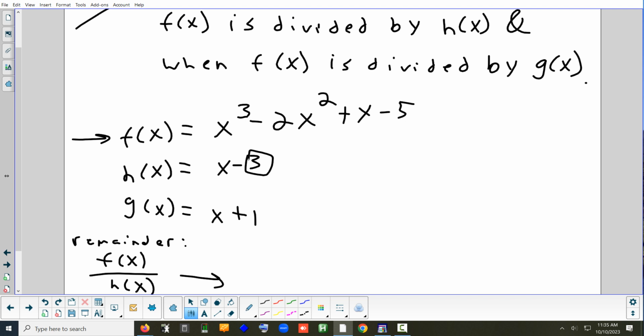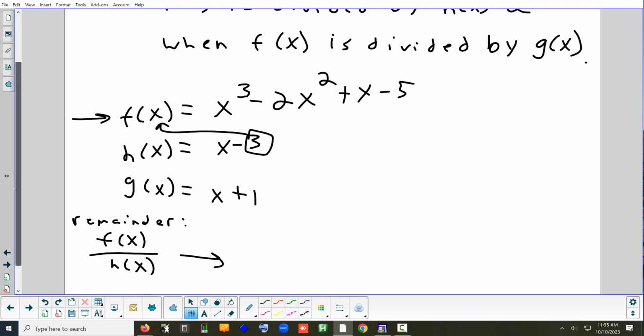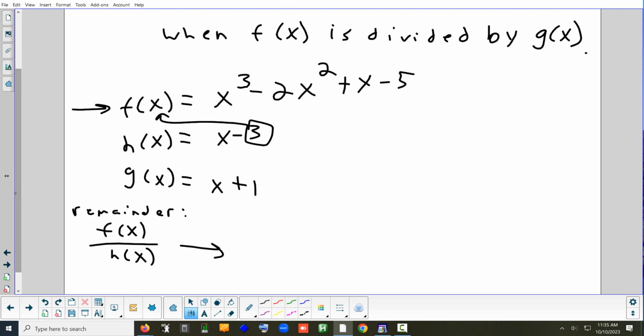And where are we going to plug that 3 in to get the remainder? In which function? In f of x. Take the 3, fill it into f, and that will give you the remainder when you do this.